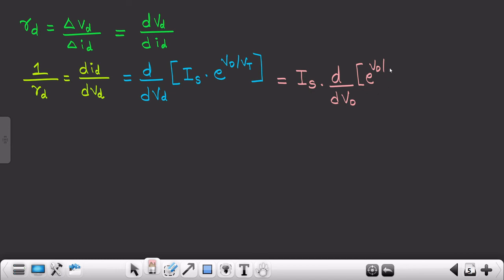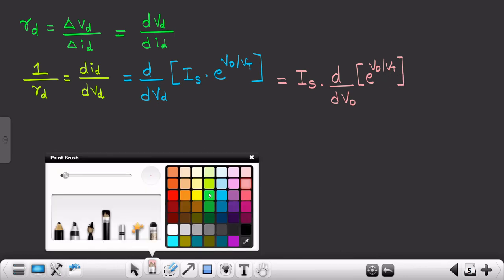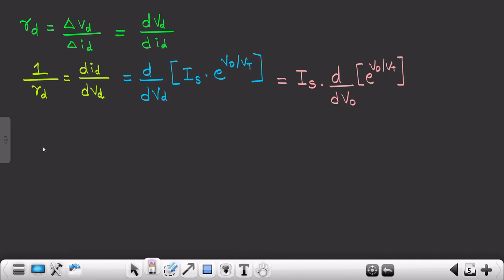See, I had written it in capital. Just to solve this mathematical equation, I hope you know the basic formula for differentiation, so I'm not explaining this part. So my 1 by rd would be equivalent to Is into e raised to vd by vt divided by vt.